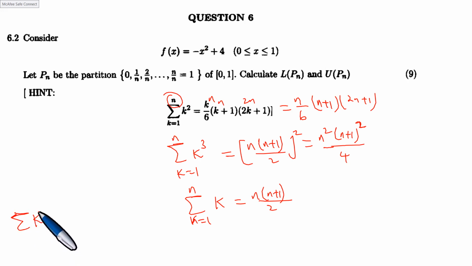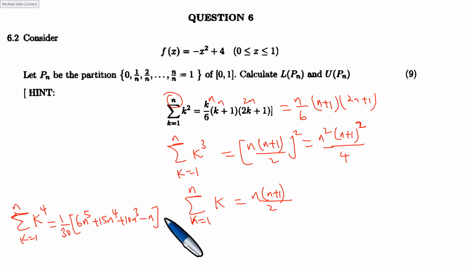So if you have k to the fourth power, k equals 1 to n, which is 1 over 30, this one has already been simplified: n to the fifth power plus 15 n to the fourth power plus 10 n cubed minus n. Okay, so those are some of the formulas that we use, just a note.